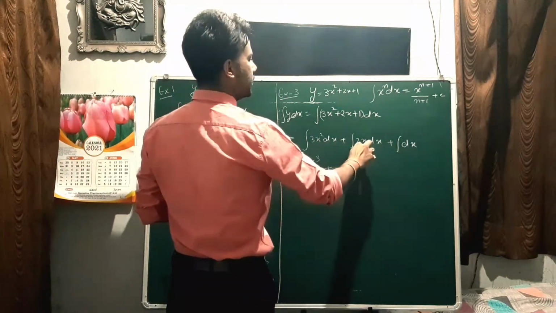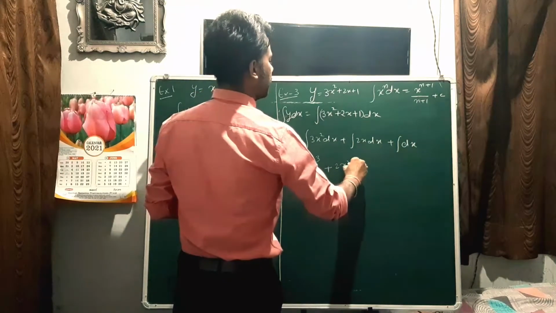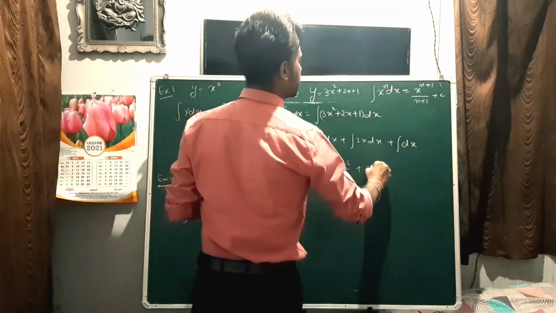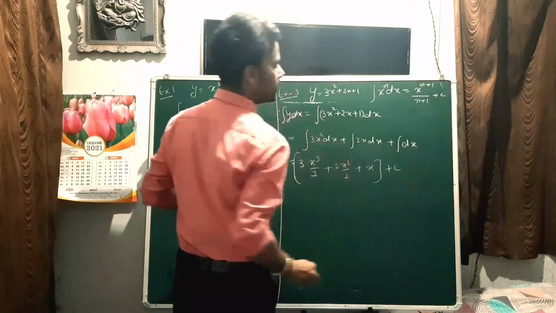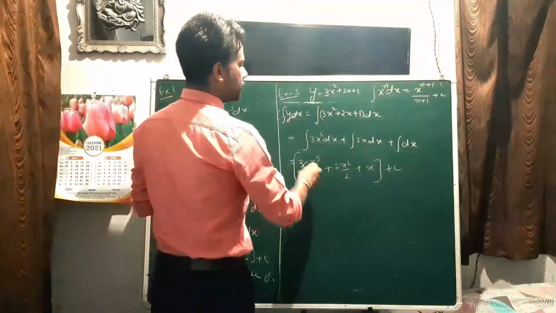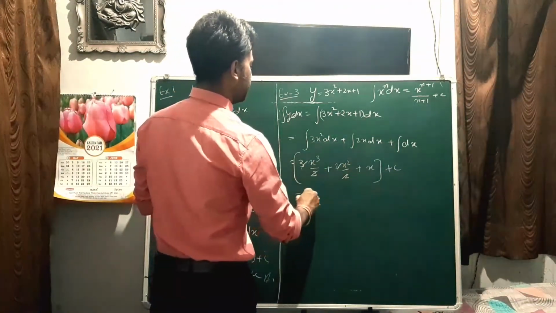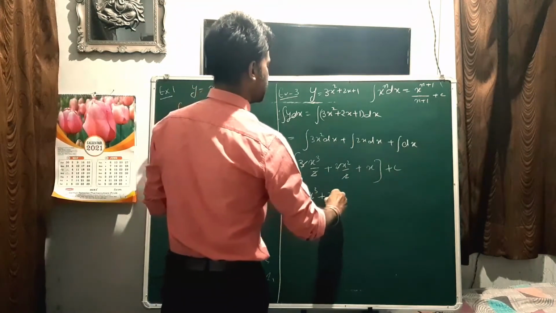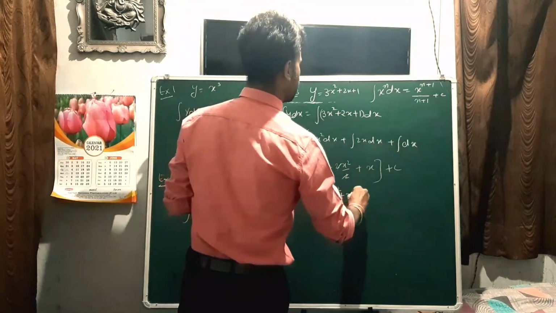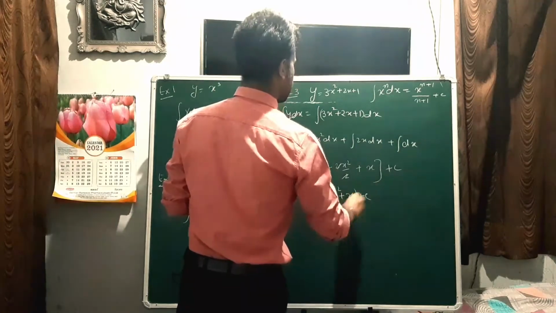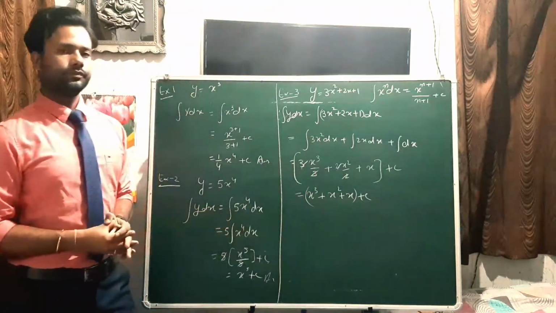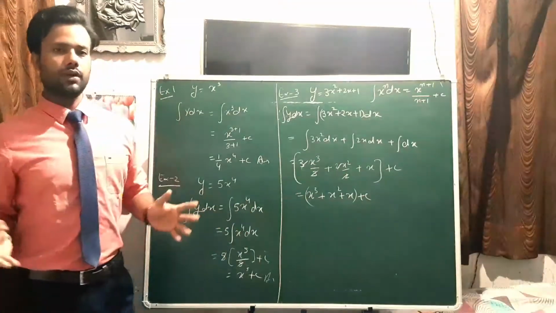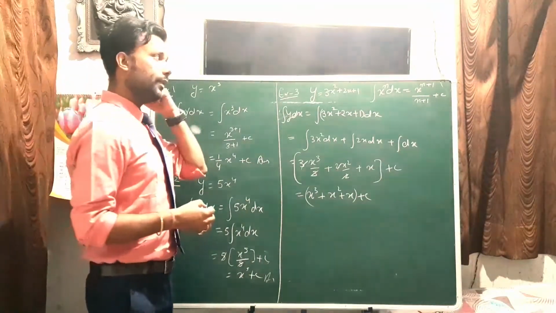Okay, what will become of this? This will be 2 x square by 2 plus x. Alright, so when you solve it, you will get x cube plus x square plus x plus c. So this is our integration of having more than one function, right?